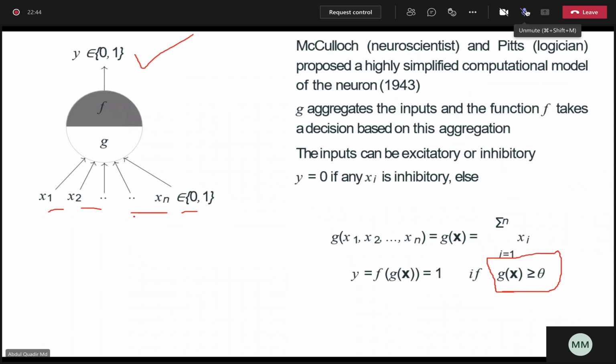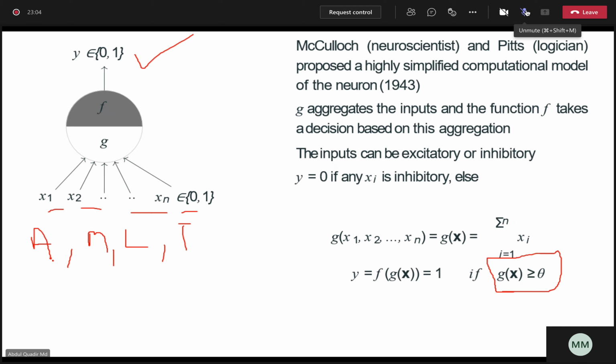Say for example, I am a very serious movie watcher. My favorite actor should also be satisfied, my favorite musician should also be in the picture, my favorite director should also be there, and it should be a thriller also.